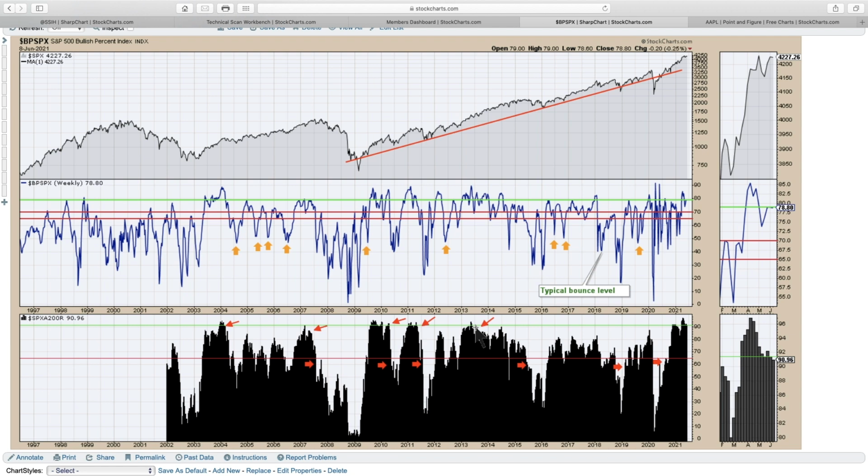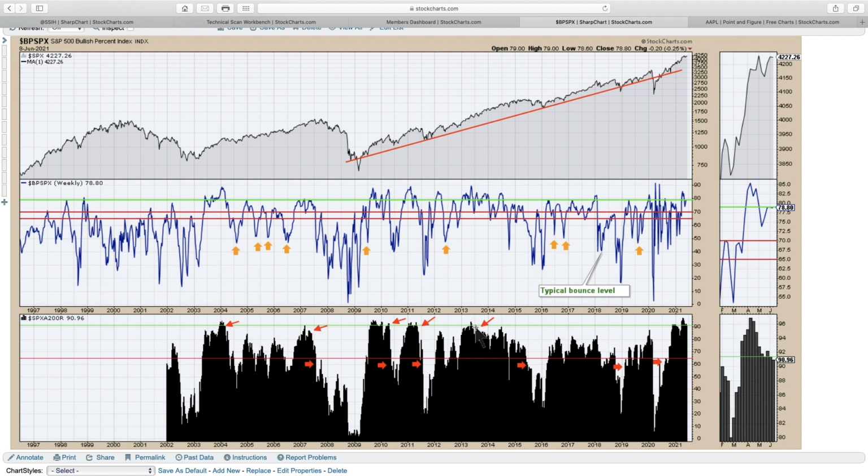So if you have strong data, investors are going to buy ahead of that. And as the market starts to weaken, they're long gone. They're starting to sell off. And so while they roll over on their bullish percent charts, you're going to see the big downtrend.